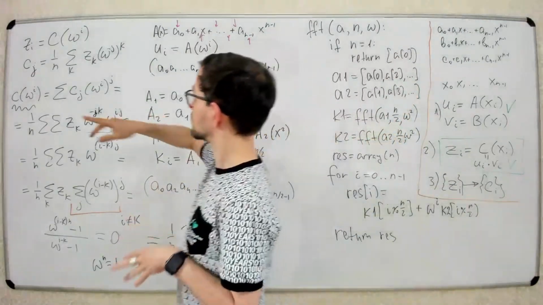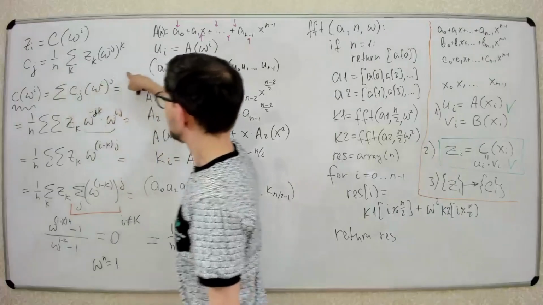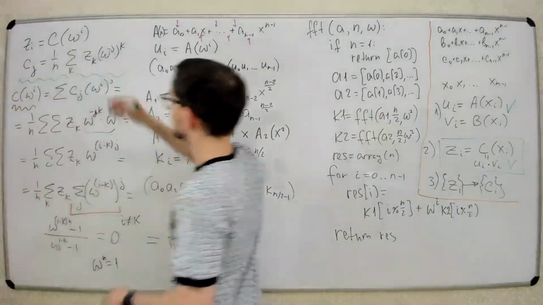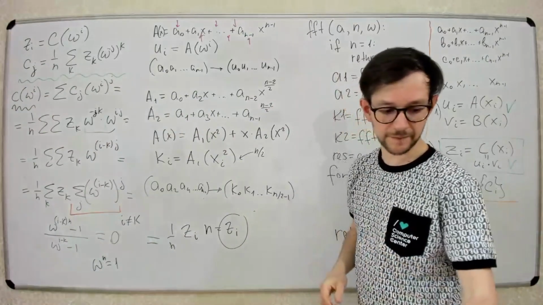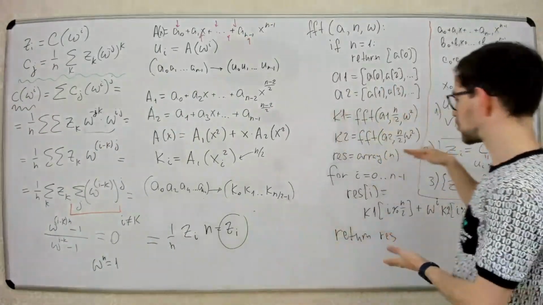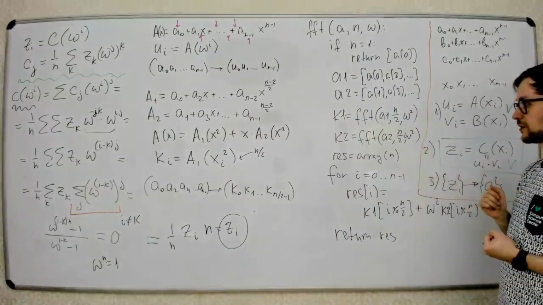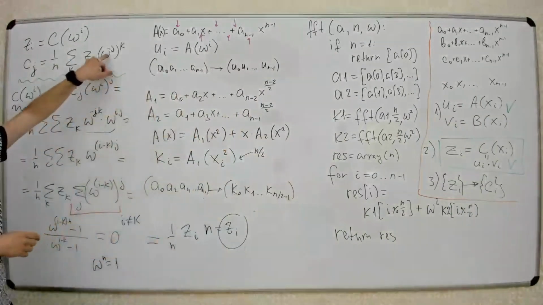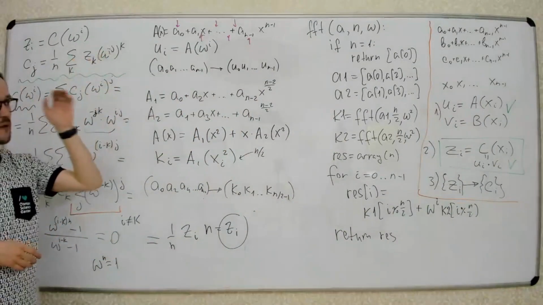For inverse Fourier transformation, you need to calculate this formula. You do it exactly the same way as you calculate the Fourier transformation. You do all the same things, except here you have w in power minus 1, but everything else is the same.